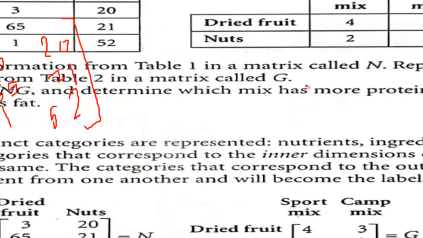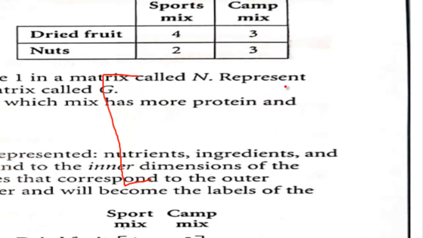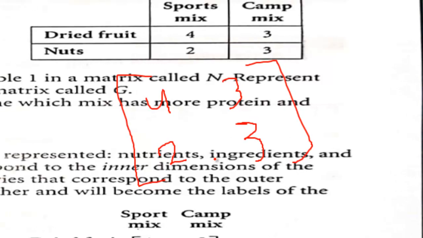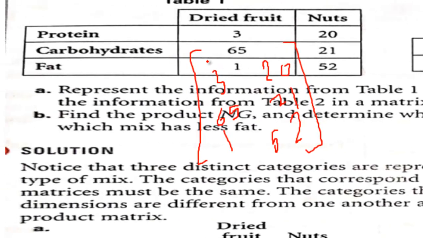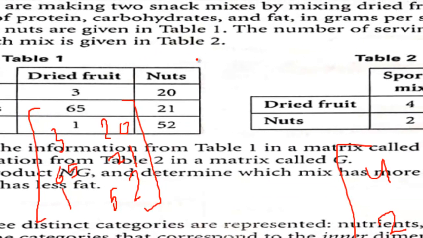The second table is 4, 3, 2, and 3. So we have two matrices for Carl and Kyla.